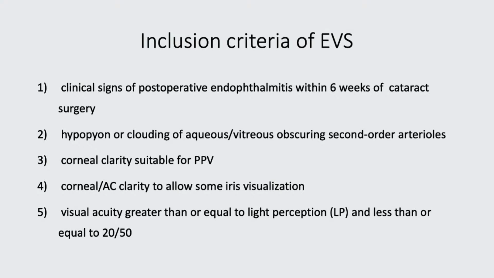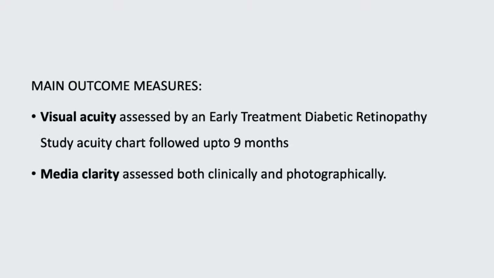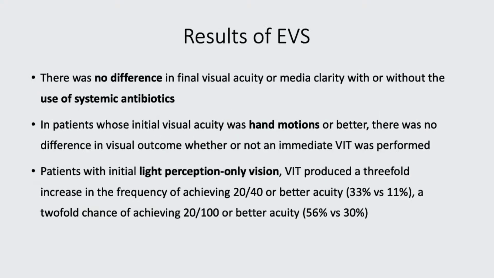Any corneal problems were excluded, and any patient who came with hand motions or poor vision was randomized to either a vitrectomy or a tap and inject. The main outcome measures were visual acuity in the long run, up to 9 months, and media clarity. The results showed no difference in final visual acuity or media clarity with or without systemic antibiotics.